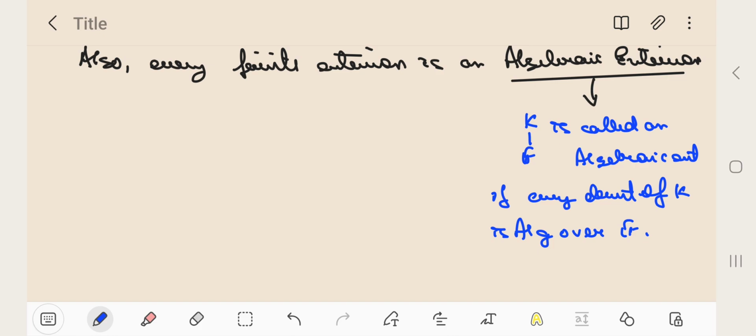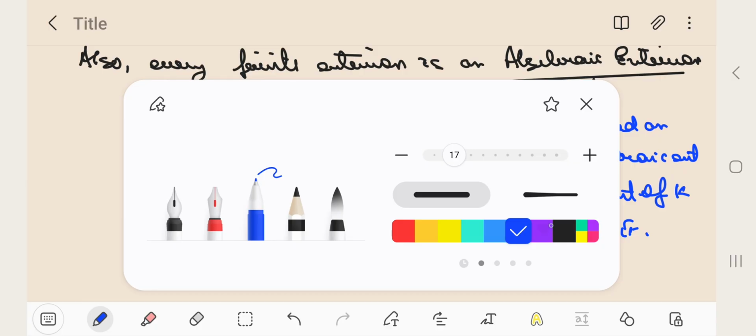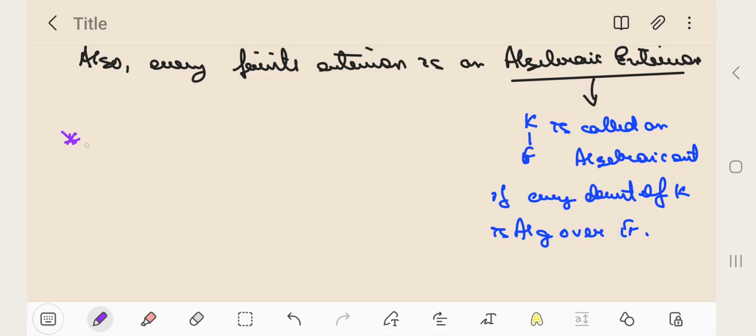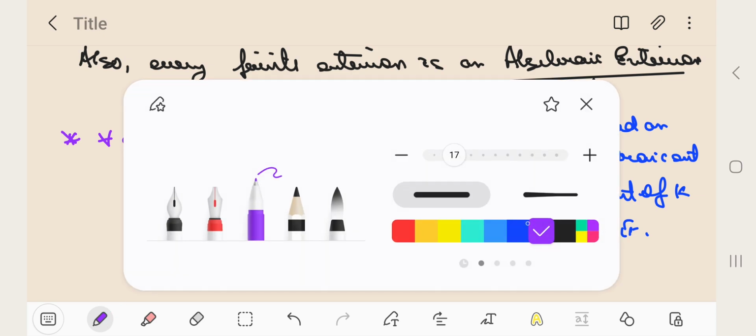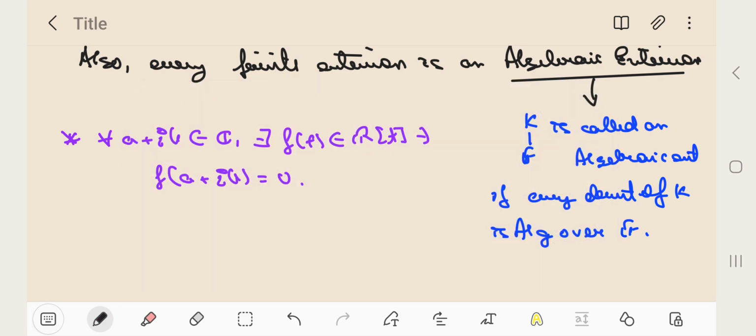You can consider this as an exercise: for all a plus ib coming from C, there exists a polynomial f(t) coming from R[t] such that f(a plus ib) is equal to 0. In other words, the field extension C over R is an algebraic extension. Clear? Okay, I guess we are now good to go.